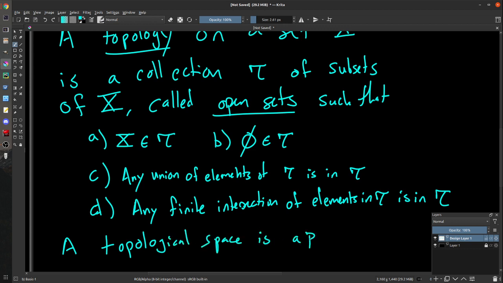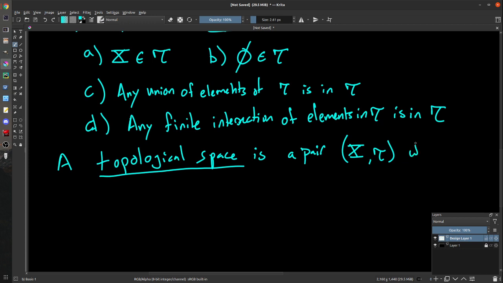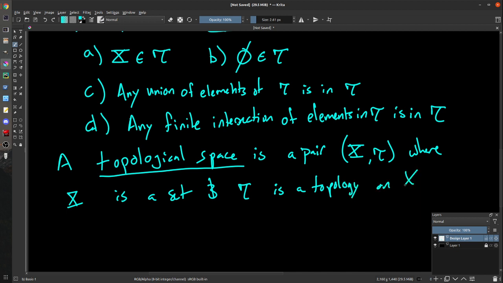So this is topology, and a topological space is a pair, just an ordered pair of a set X and a topology tau on it. So that's where X is a set and tau is a topology on X. All right, so nothing hard here.